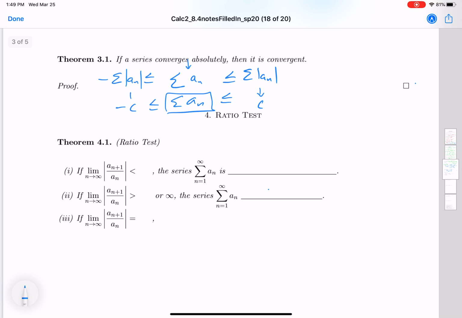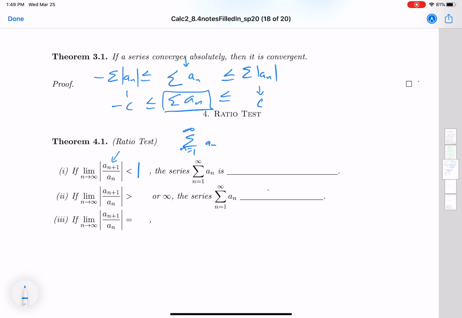Okay, so the ratio test, let's write it out. If you take a series, sum to infinity n equals 1 of a sub n, and if you take the next term in the series and divide it by the previous term, and the limit of the absolute value of that happens to be less than 1, then the series is absolutely convergent. If I take that absolute value and it happens to be greater than 1, or infinity, infinity also being greater than 1, then the series a sub n diverges.